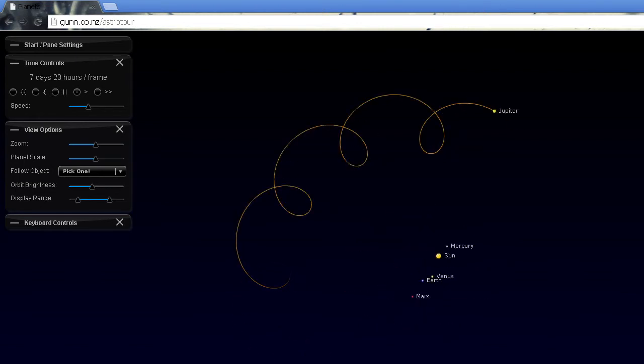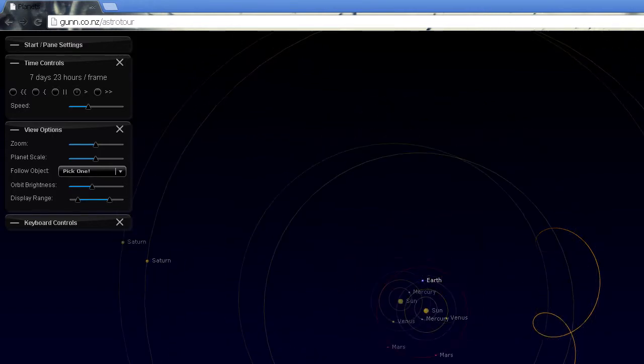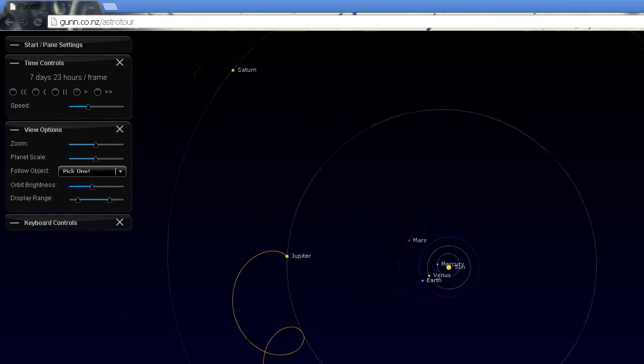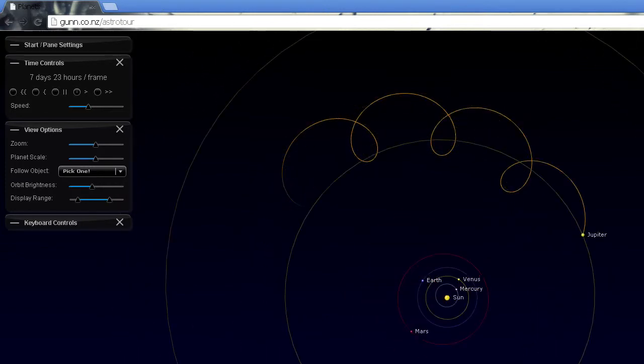Yeah, they're going to turn the orbits on again as well. That ends the lesson. What would the Earth's motion look like to a Martian?